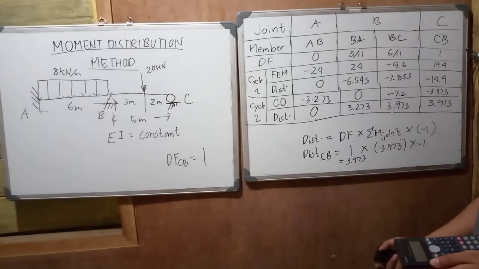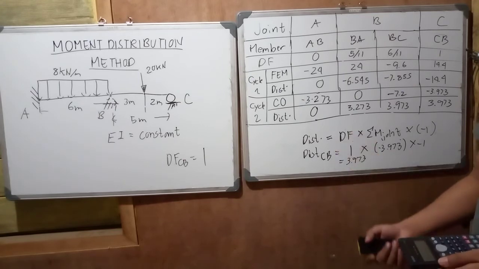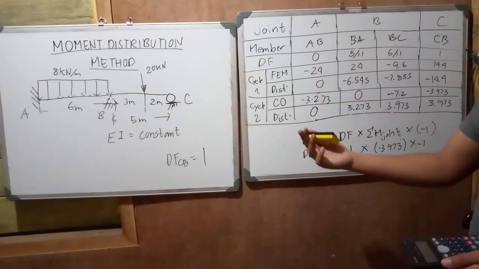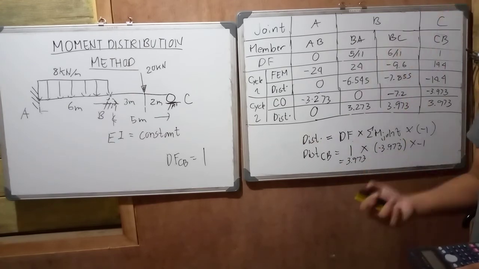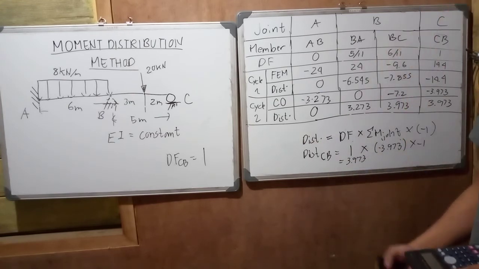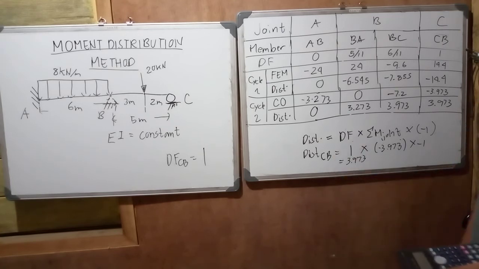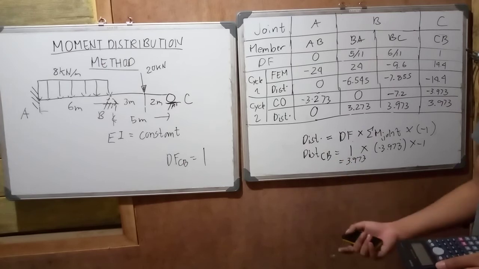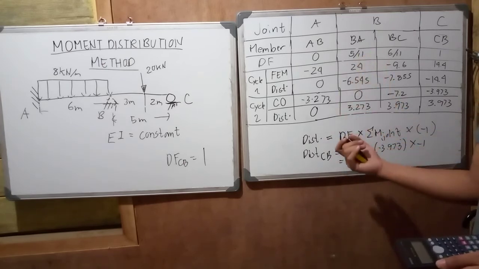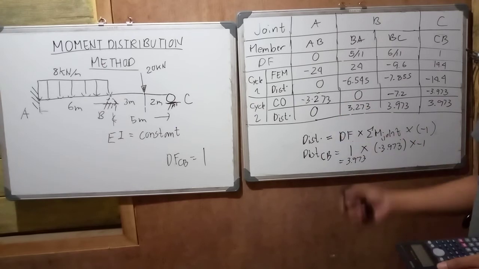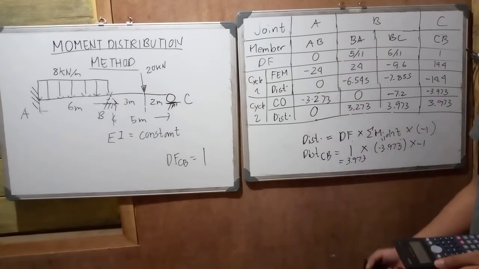Okay? So, moment distribution kasi is, posible hindi natin makuha yung eksaktong-eksakto. Kung gusto nyo eksakto talaga yung values na makompute nyo, gumamit kayo ng slope deflection method. So, this moment distribution method is more of an approximation. So, ibig sabihin yung magiging sagot mo dito sa moment distribution is what you can only do is to approximate it.